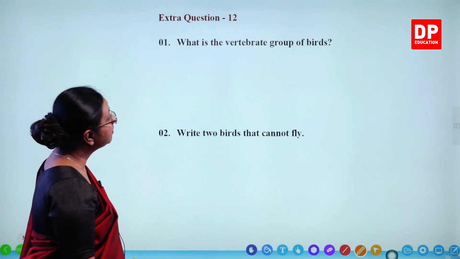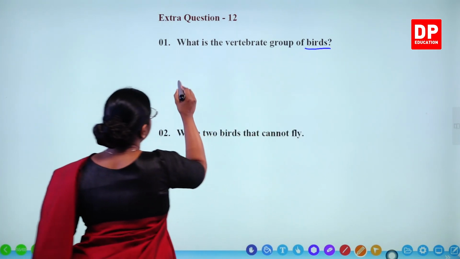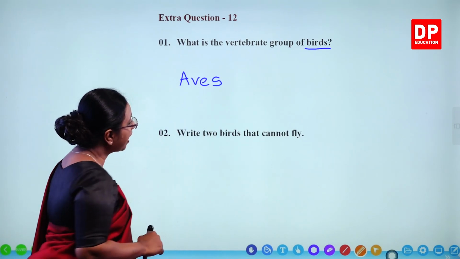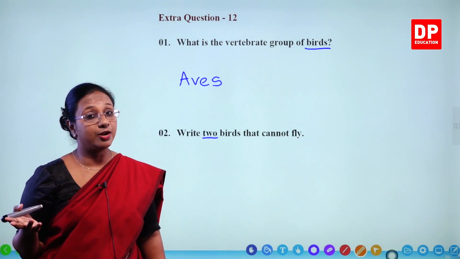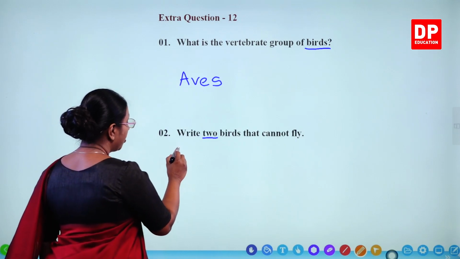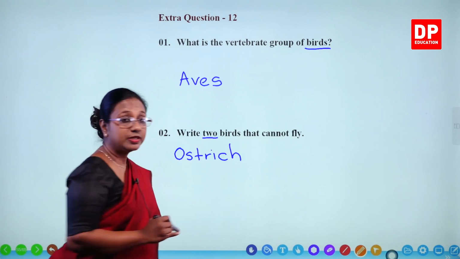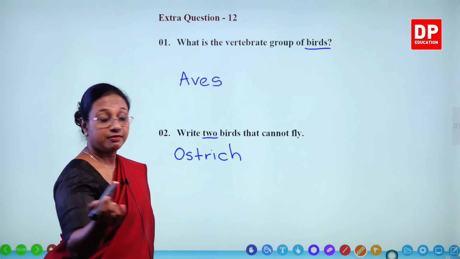What is the vertebrate group of birds? It is aves. Write two birds that cannot fly. You can think of many birds. We have discussed ostrich, then cassowary, there is the kiwi, emu, rhea.